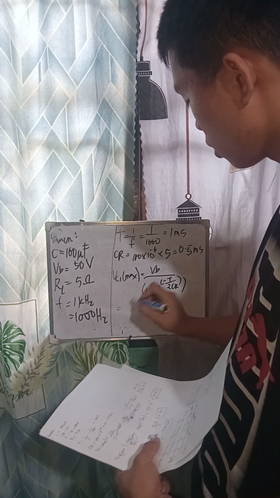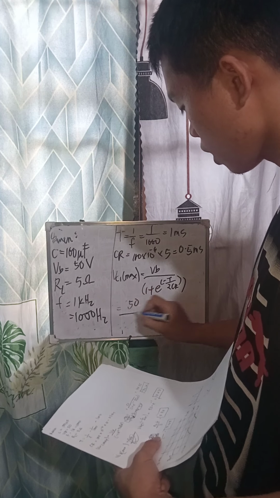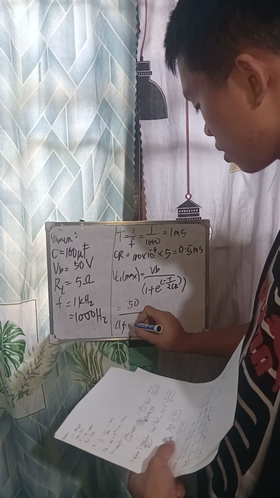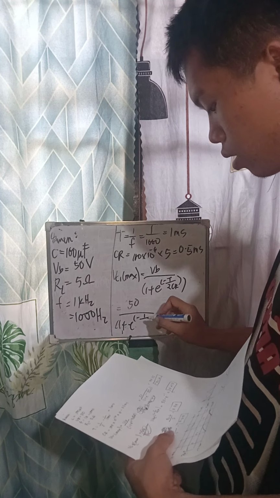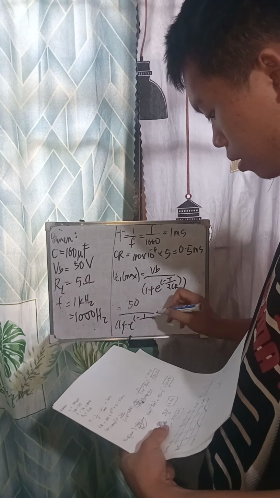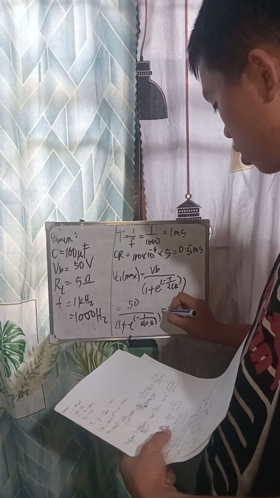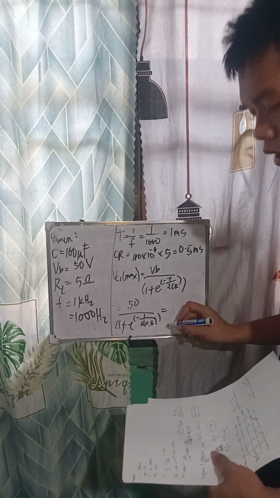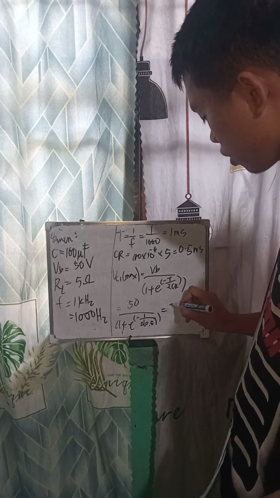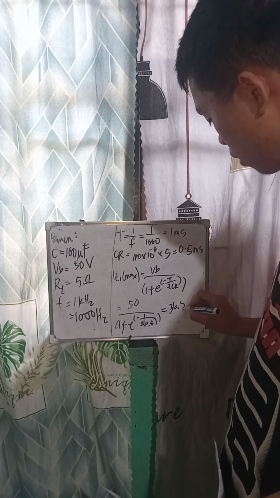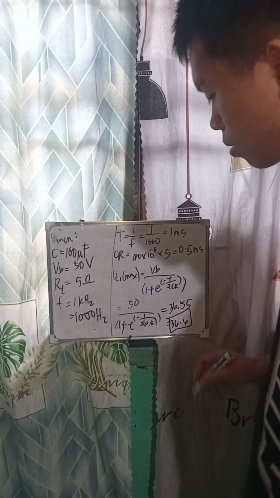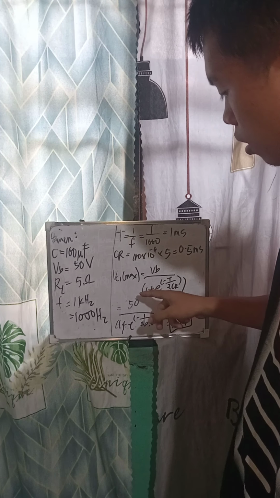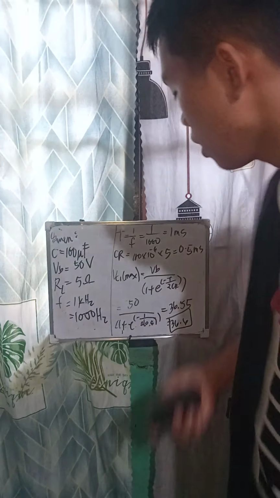Therefore, VB is 50, and then 1 plus e raised to negative T over 2 times 0.5. If you calculate this in the calculator, we will get the answer of 36.55 or 36.6. So this is the VC1 for the maximum value.